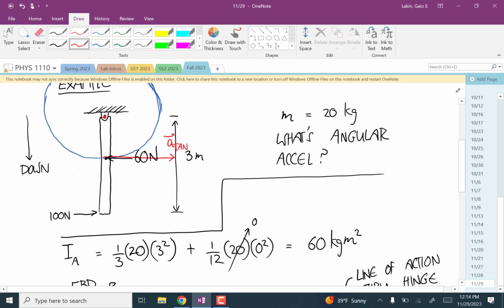The centripetal acceleration is this way. And so we're going to figure out the total acceleration of that center point. We calculated the angular acceleration, but now we're going to calculate the actual acceleration of that center point, the translational acceleration, not the angular acceleration.